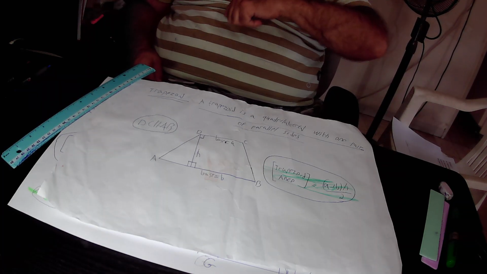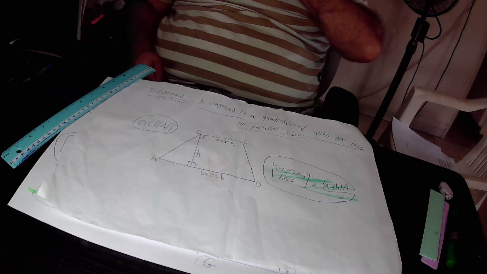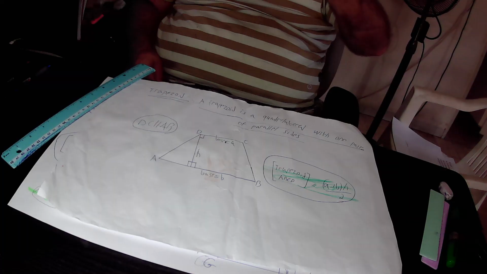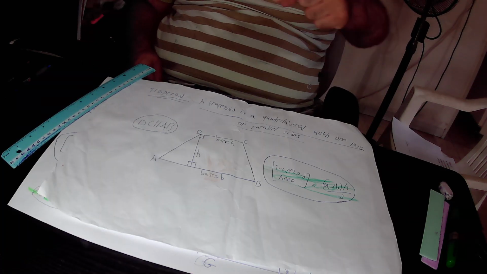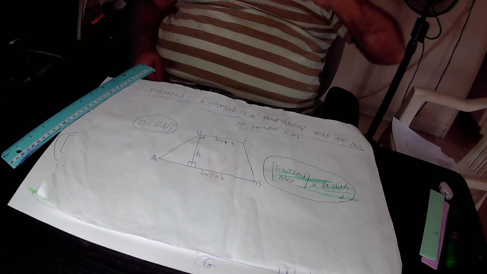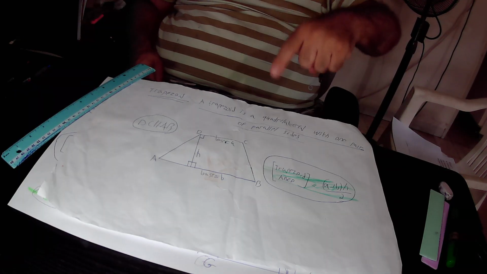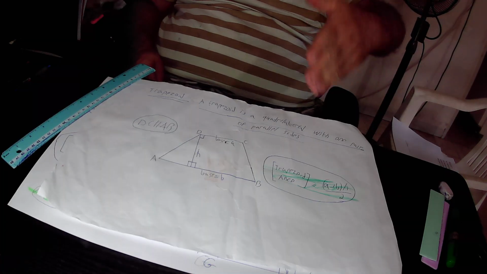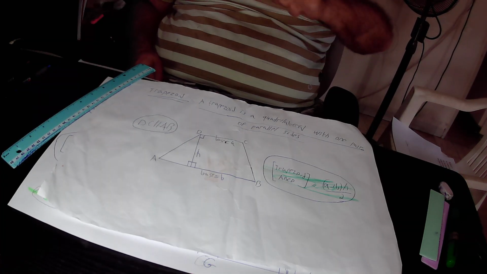The height edge must create 90 degrees with the two parallel bases. So in total, you can summarize and say that a trapezoid is a quadrilateral with one pair of parallel sides, and the area of any trapezoid equals the sum of its two parallel bases, in this case A plus B, times the height edge over 2. The height edge must create 90 degrees with the two parallel bases.